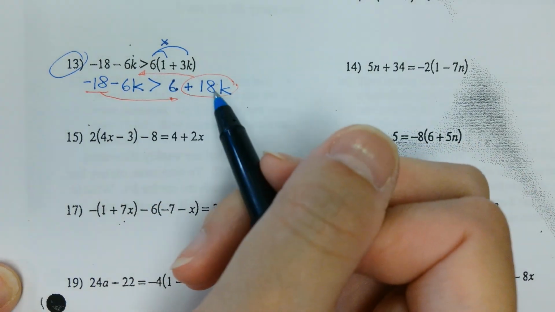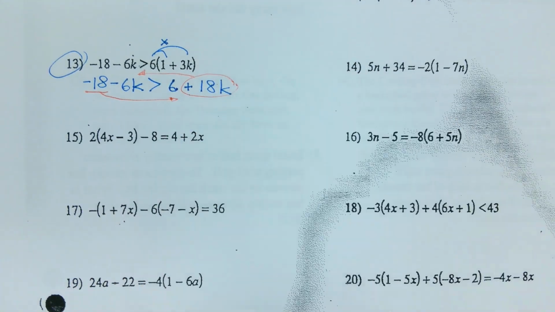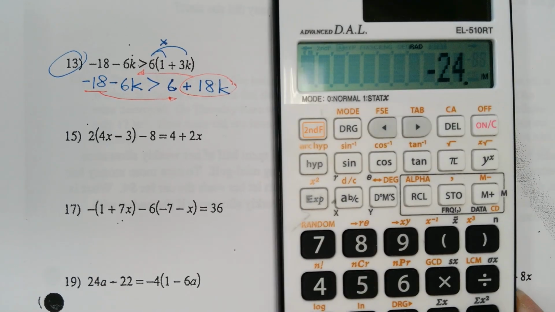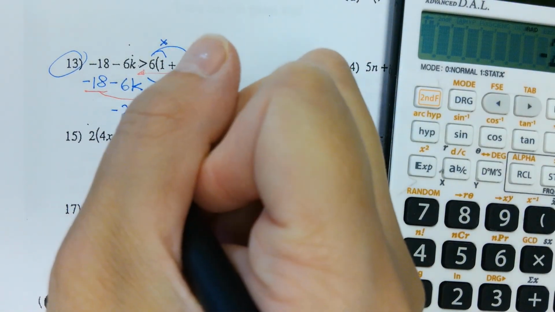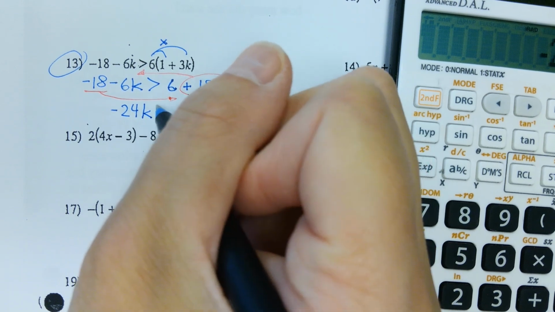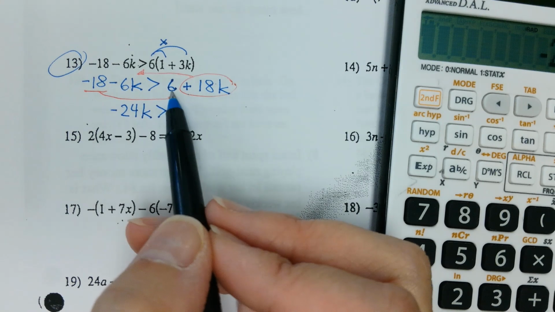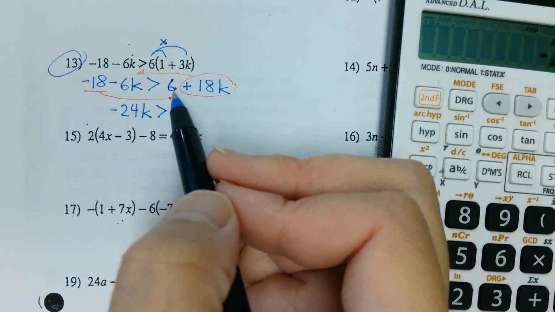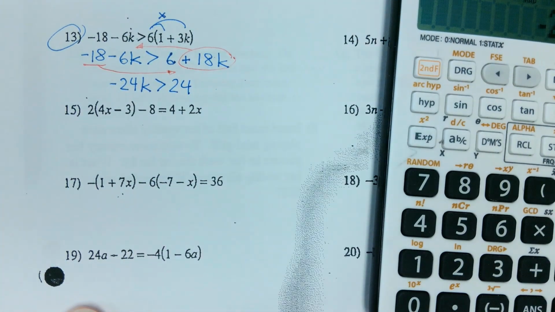So -6k minus 18k, what do you get? Use your calculator if you need to. -6 minus 18 is negative 24. Don't forget that k. 6 plus 18 is?